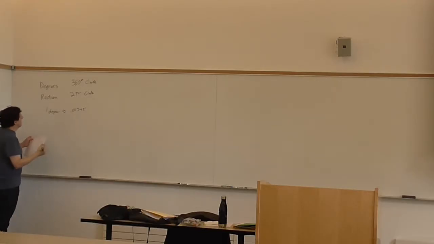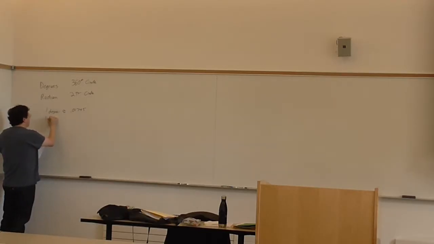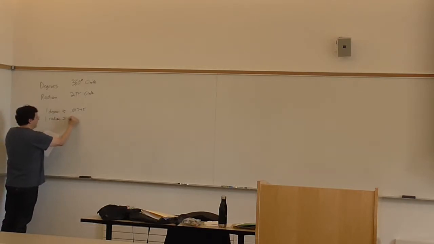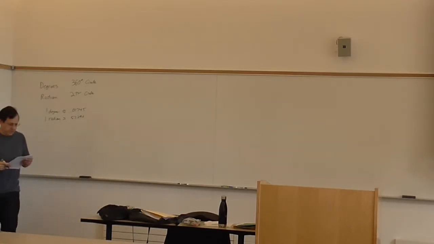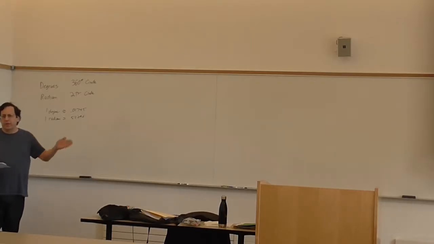It might be a little useful to know that 1 radian is about 57.296 degrees, almost 60 degrees for a radian. Think about it. A triangle has pi radians. The sum of the angles is pi radians, which is about 3. If you divide it by thirds, it's about 60.